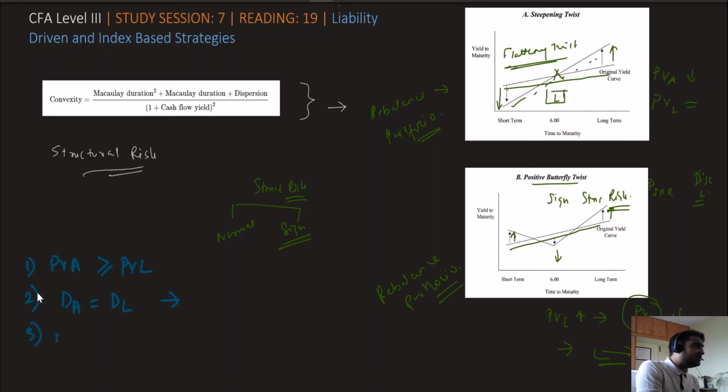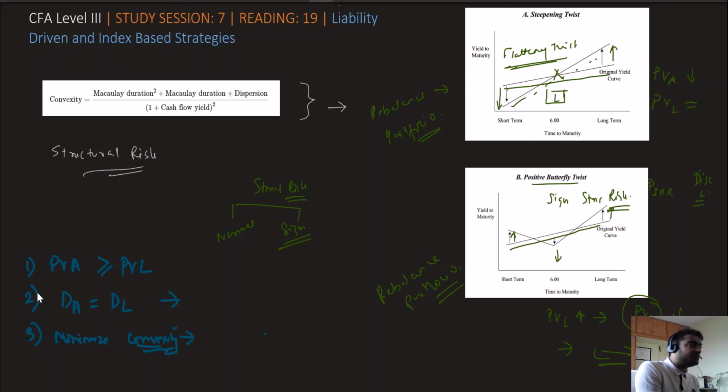Number 3, you need to minimize the convexity of the asset portfolio to avoid any dispersion of cash flows around the liability, right? So you need to minimize the convexity. Now remember, earlier we discussed an example where the convexity of the asset portfolio was greater than the convexity of the liability portfolio.